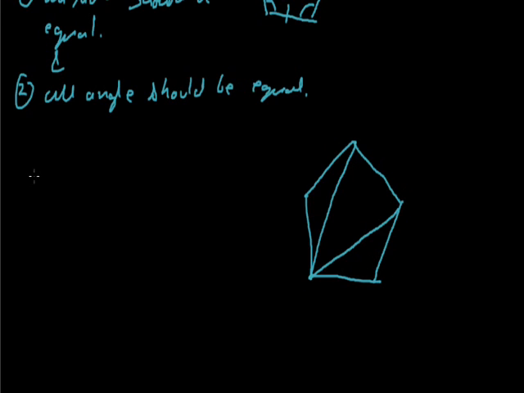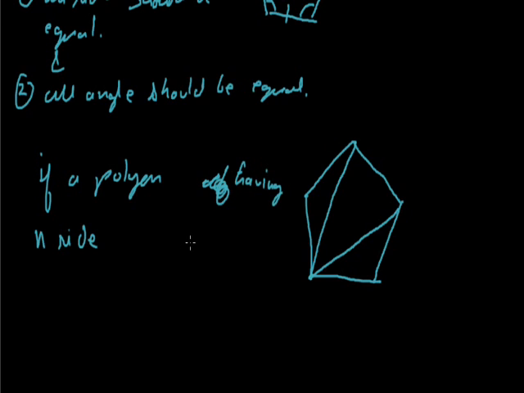So in general I can say if a polygon has n sides, then it has n minus 2 triangles.